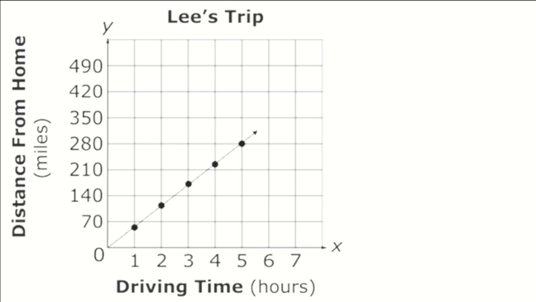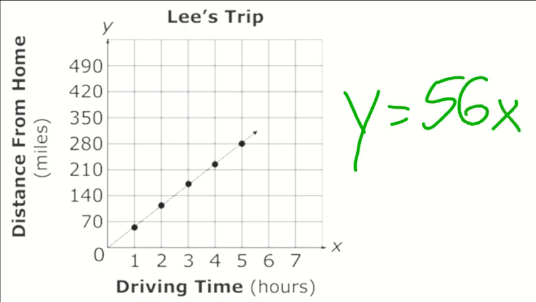Y equals, we want both variables. So y equals 56x. Okay? So whenever it's the equation for the graph, that's where you're going to have the independent and dependent variables on there. The independent variable, the x value, goes with the coefficient. The dependent variable is what it's equal to, so it'd be like y equals in this case.